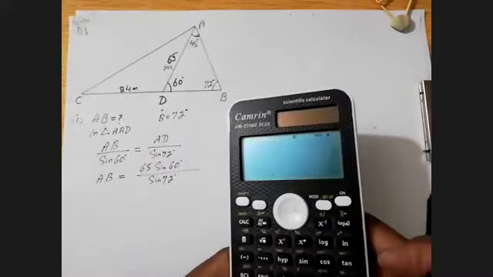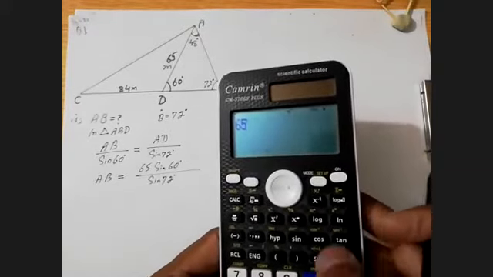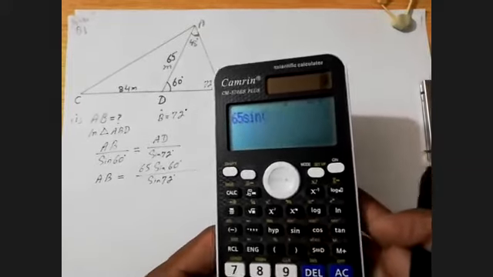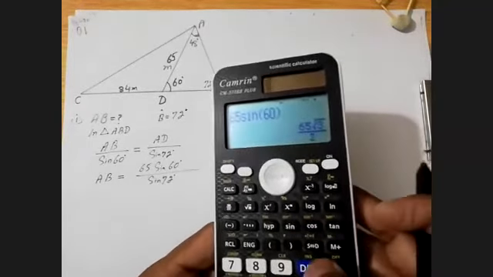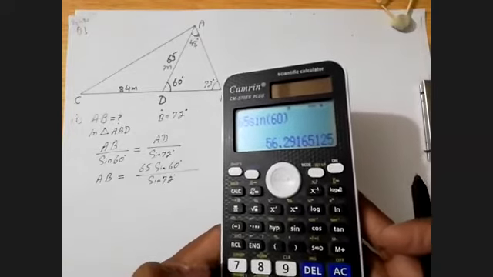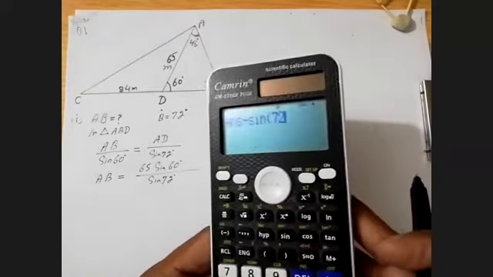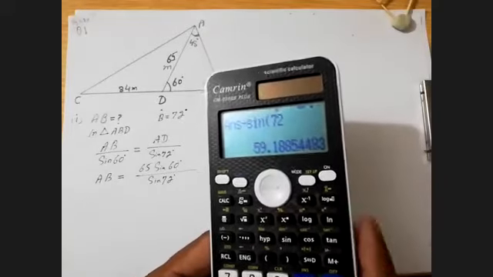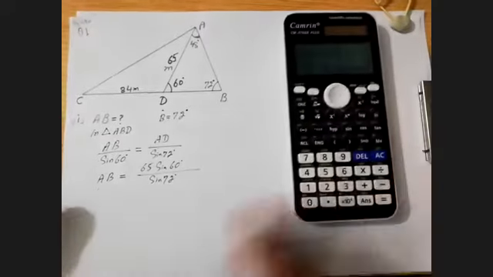Now 65 sine 60 degrees gives you the answer like this, and divided by sine of 72 degrees, we got 59.1 or 59.2.